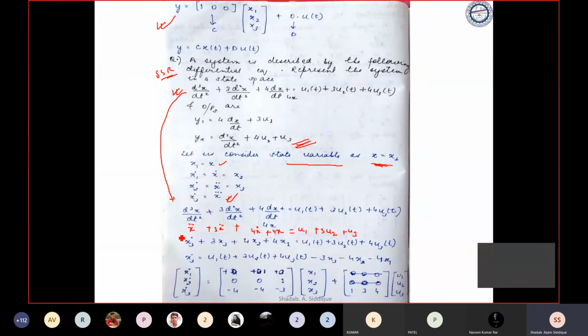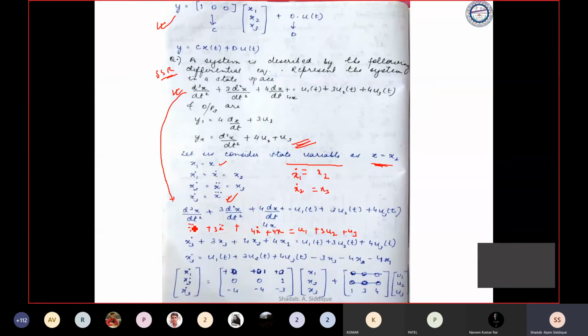See, you already got x1 dot in terms of x1, x2, which is x2. And x2 dot we already found is equal to x3. But x3 dot we don't have in terms of x1, x2, x3, so we'll find x3 dot in terms of x1, x2, x3.